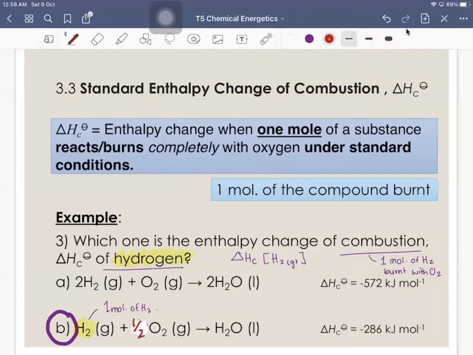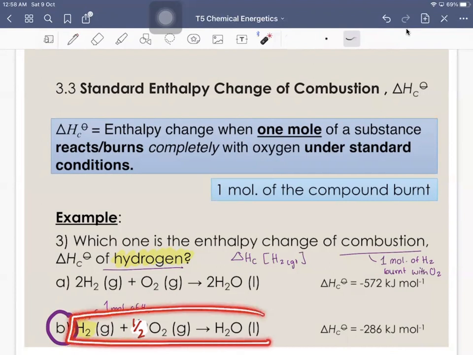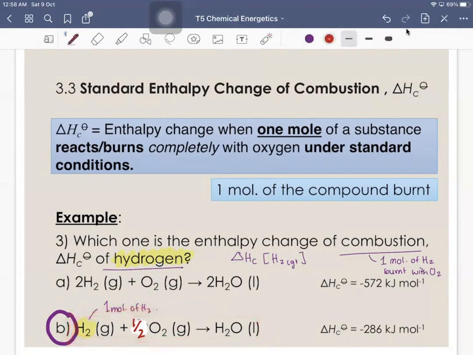Okay, and I've mentioned this earlier already. Apart from calling this equation or reaction the enthalpy change of combustion of hydrogen, this is also the enthalpy change of formation, delta Hf of H2O.